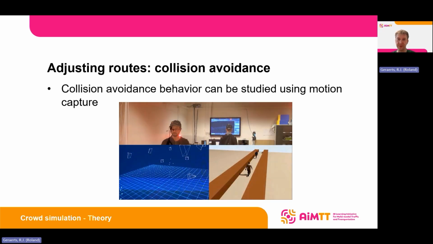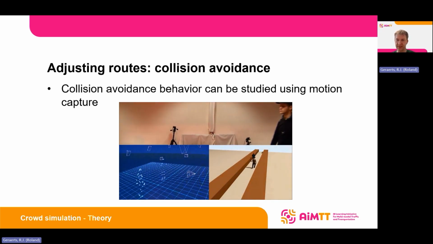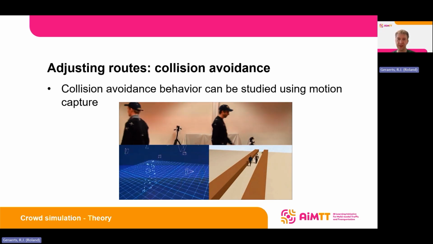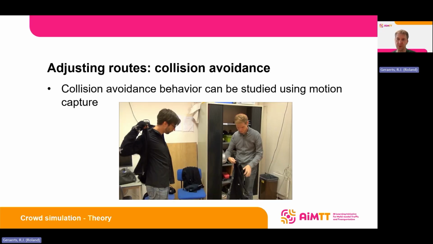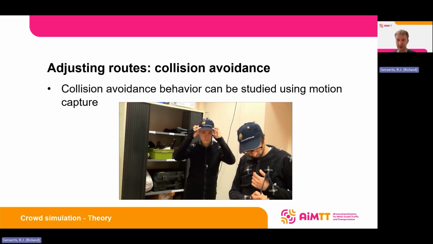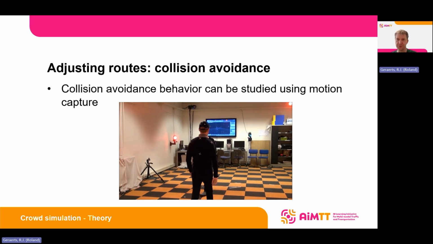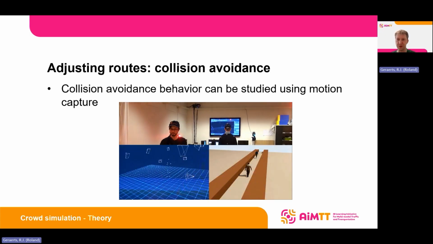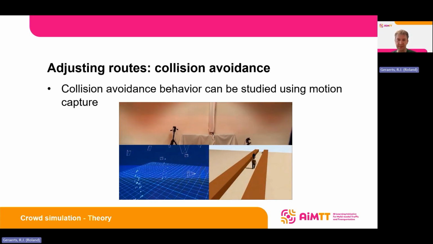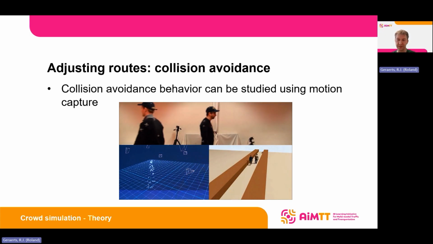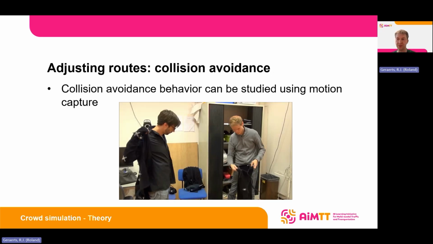By incorporating realistic movement patterns and avoidance behaviors, simulations can more accurately represent how people move through crowds and interact with one another in real-world environments. In this way, motion capture studies help bridge the gap between observed human behavior and the mathematical models that drive crowd simulations.